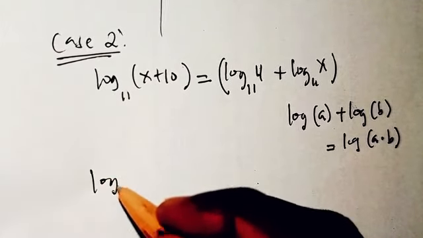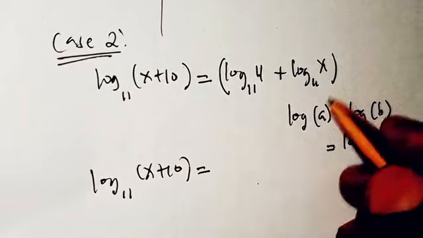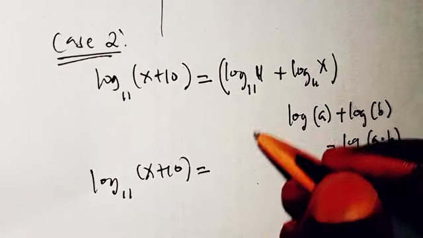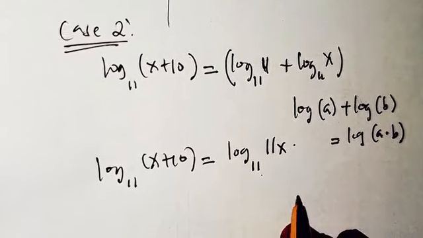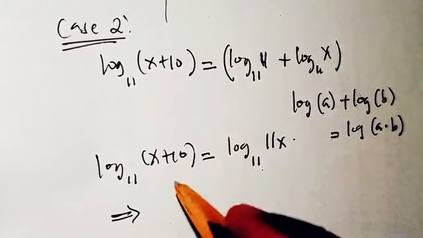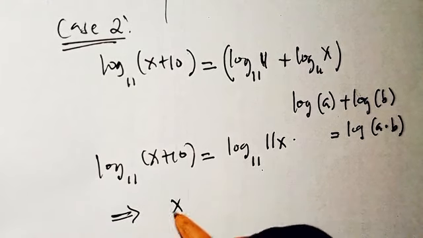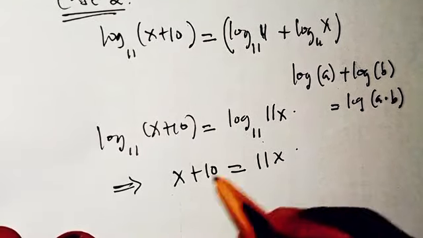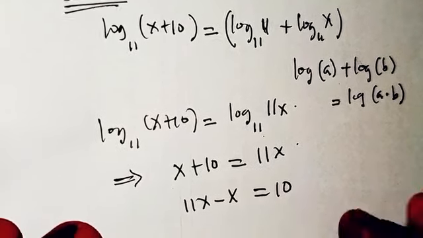It's going to be log(x + 10) equals log 11x, since this 11 will multiply the x. So since the bases are the same, we are going to equate the arguments: x plus 10 equals 11x.